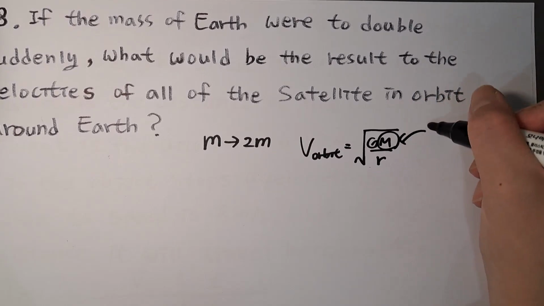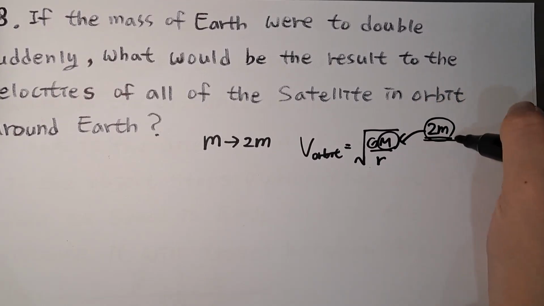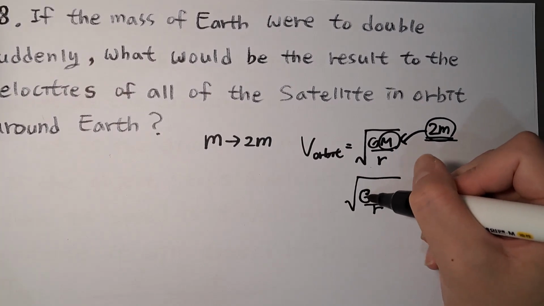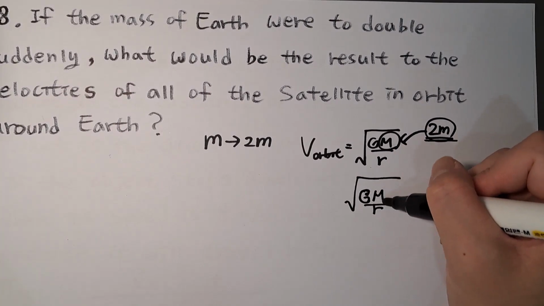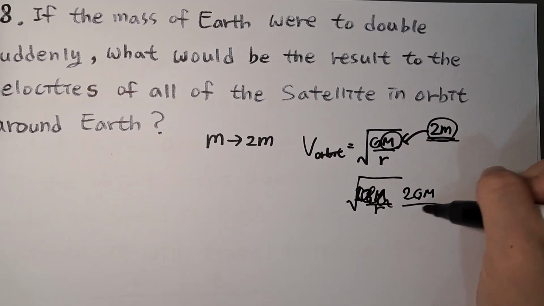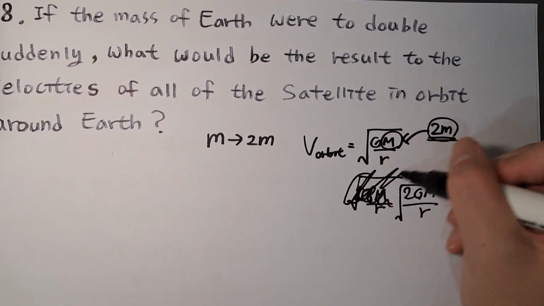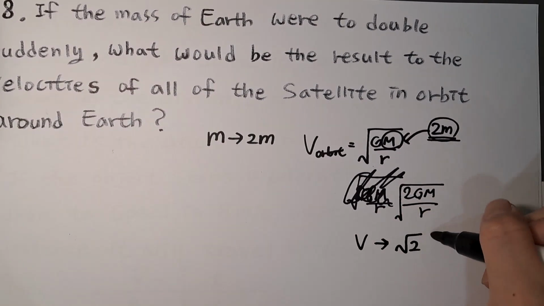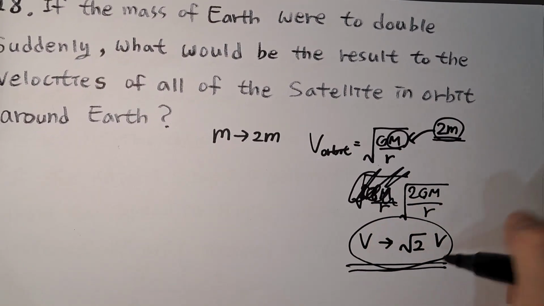So this is going to be doubled. So the velocity is going to be root 2 times the velocity.